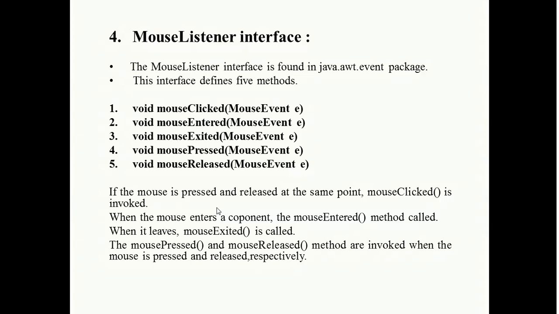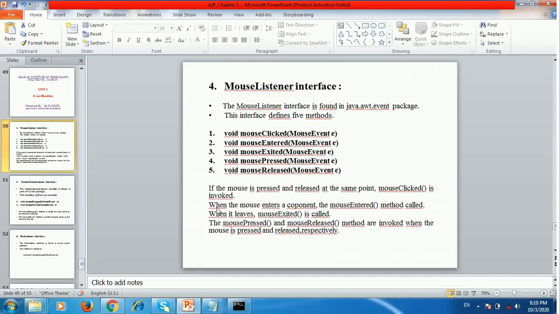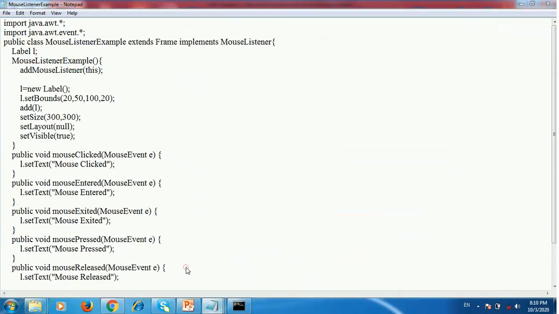Now see one example of the mouse listener interface. First import the 2 packages, import java.awt.* and import java.awt.event.*. After that, create a class MouseListenerExample extends Frame implements MouseListener.